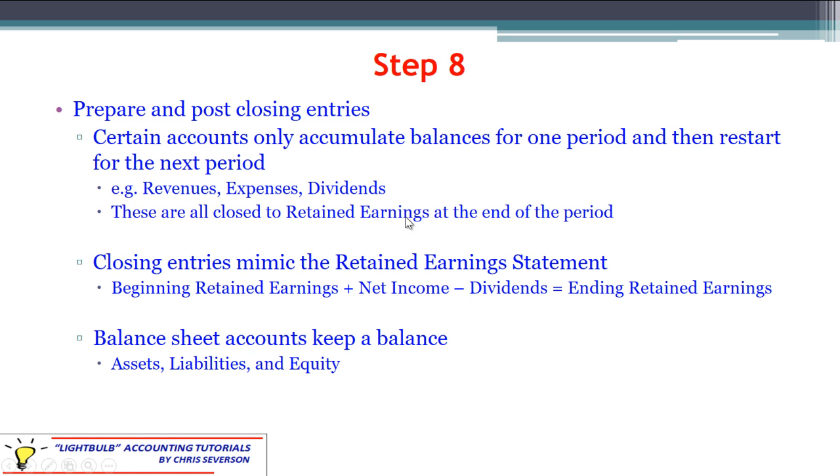Now, those are the income statement accounts plus dividends that we closed out. Every other account keeps a balance. Our balance sheet accounts keep a balance. All of our assets, all of our liabilities, and all of the equity components, including common stock and retained earnings.